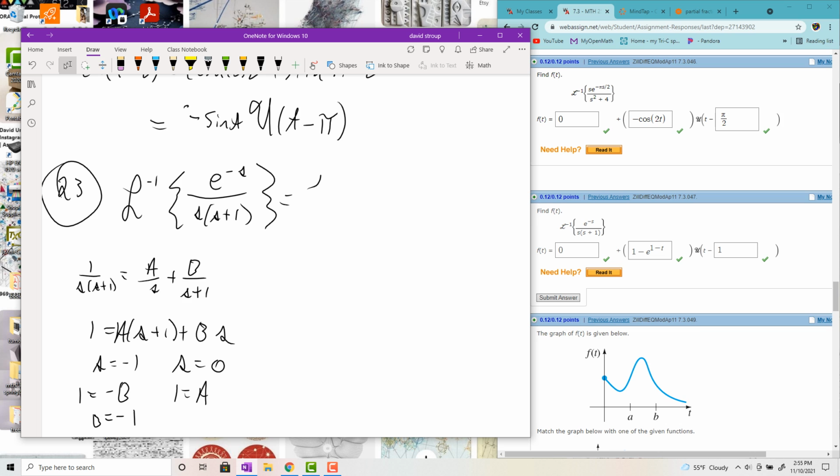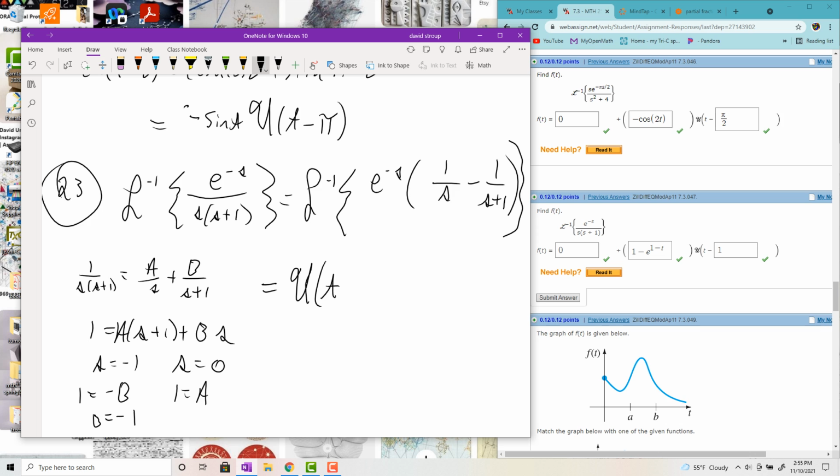So this will become the Laplace inverse of e to the negative s times 1 over s minus 1 over s plus 1. Okay, and then the step function part is u of t minus 1, and then for these other parts you have to translate them by t minus 1, right?